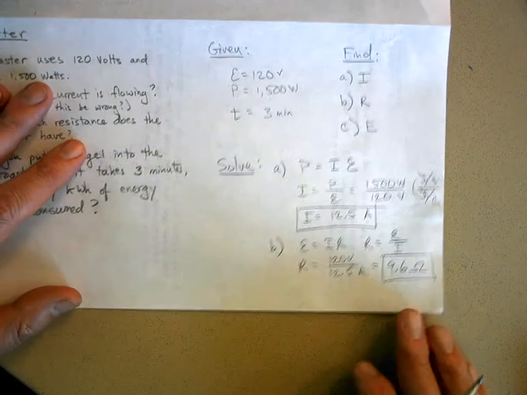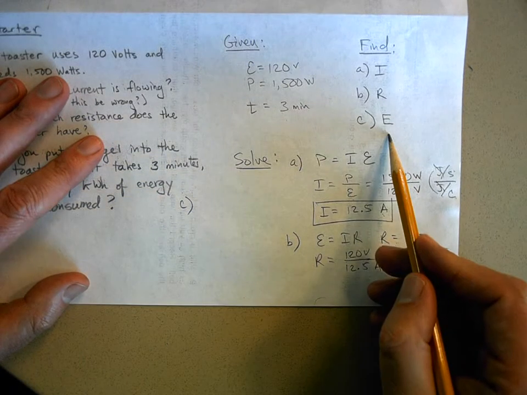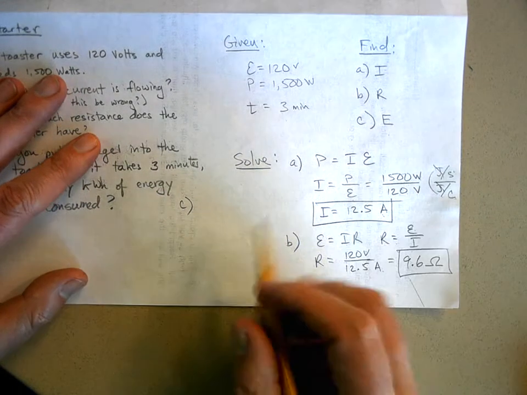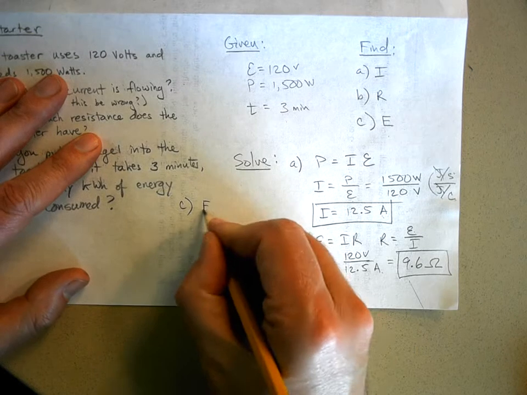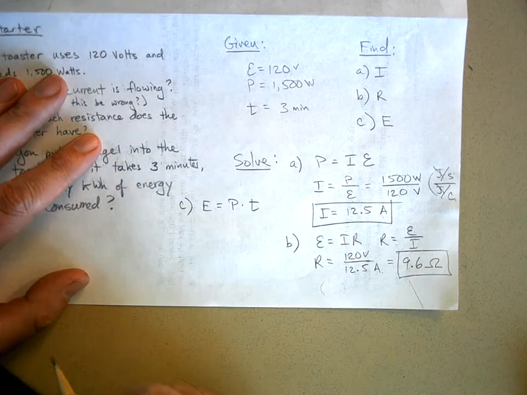Now for part C, we want to know how much energy there is. Well, energy is equal to power times time.